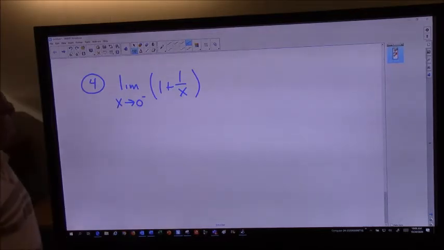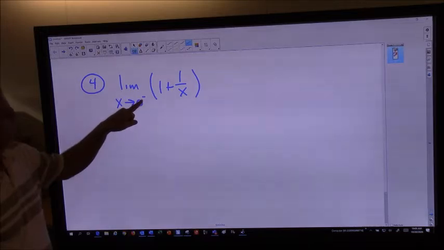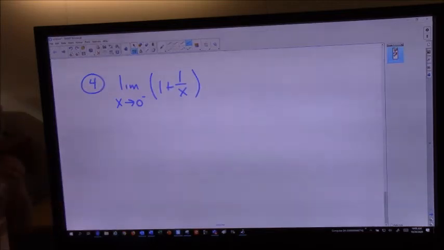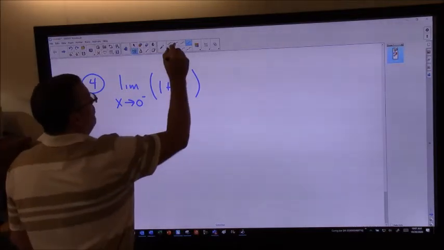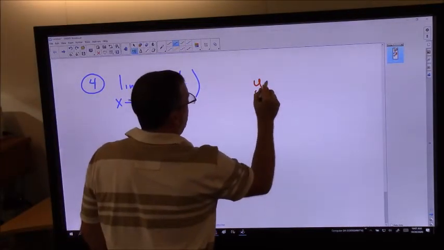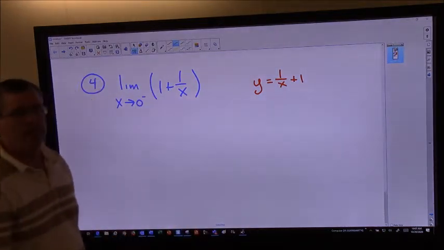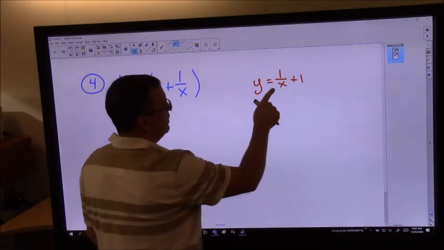I've got the limit as x approaches 0 from the small side of 1 plus 1 over x. You guys try that and see what you get. All right, so if I just think to myself, y equals 1 over x plus 1, I'm thinking about last year, our basic functions of graphing.